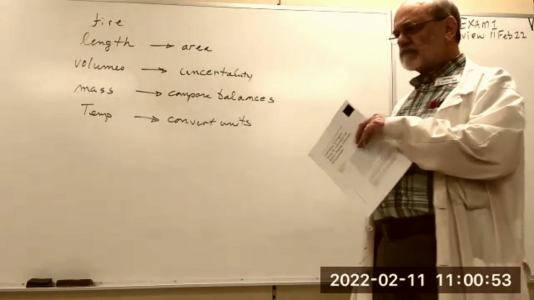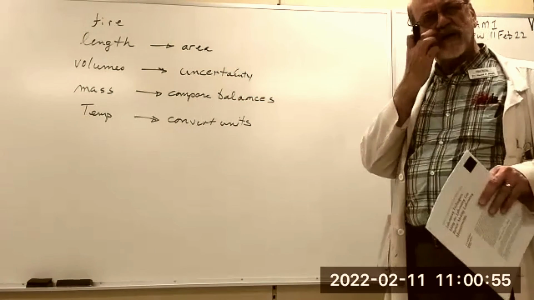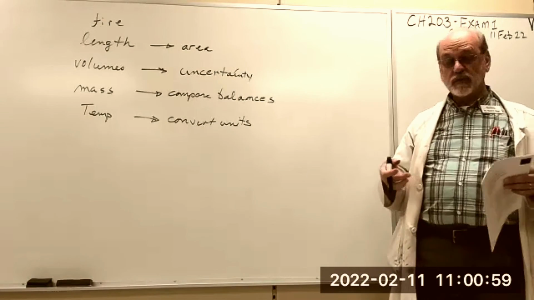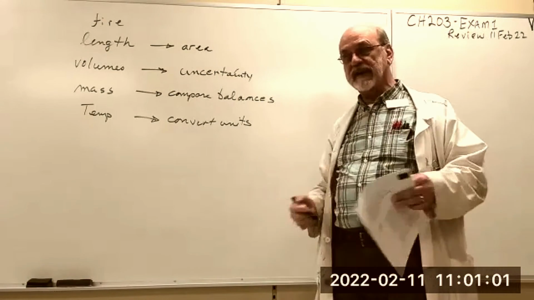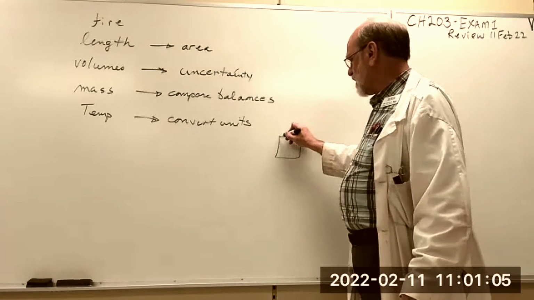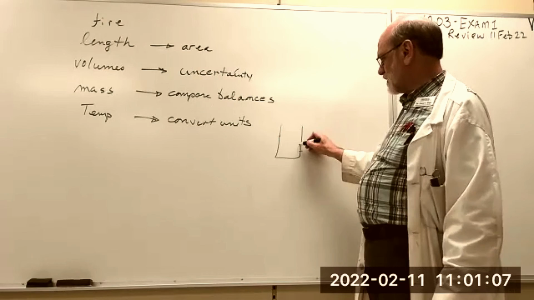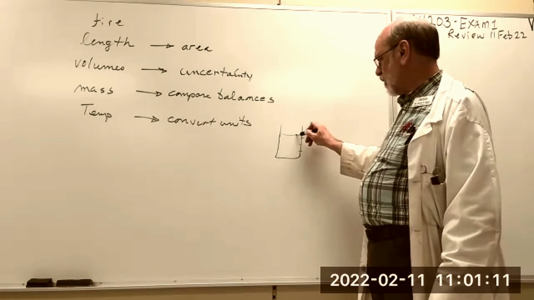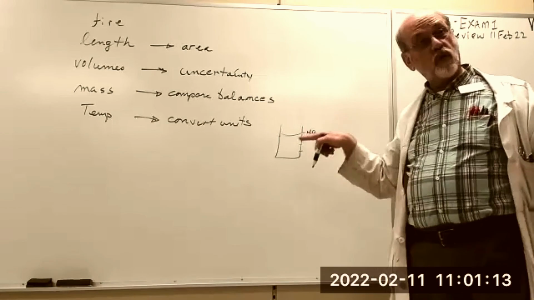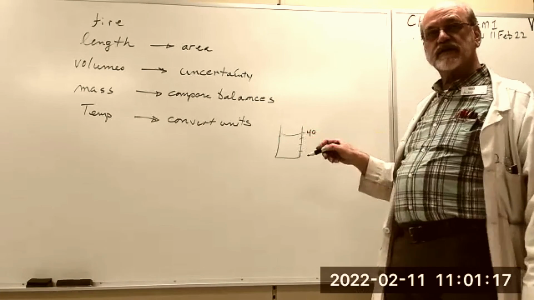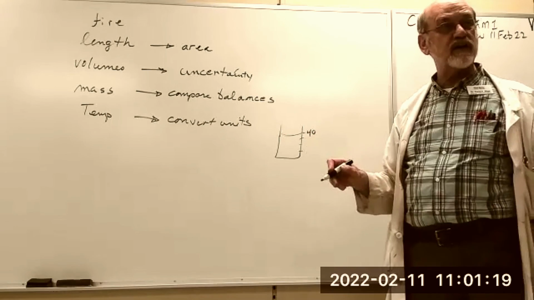So how are we going to tell what our accepted volume is? Well, you just have to say what you think it is. If we have a 50 milliliter beaker, but it's only marked off in 10, 20, 30, 40, then we're going to fill it up to 40, and we expect that to be 40. It's our expected value. Then you put it in a graduated cylinder because the graduated cylinder is more accurate.